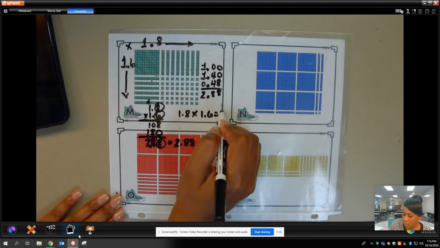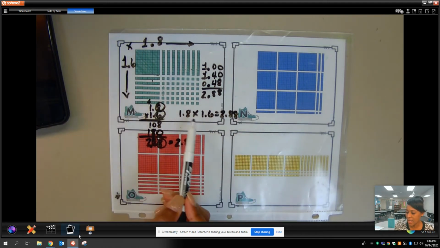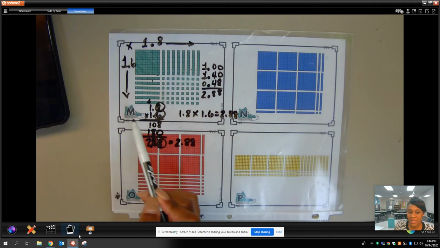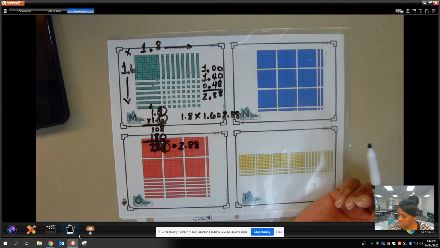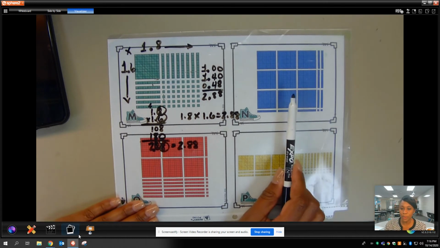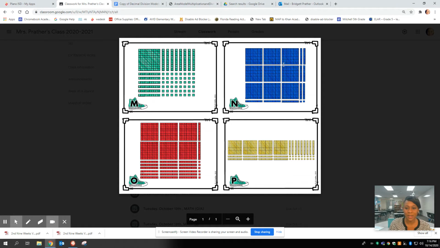The equation that represents this would be 1 and 8 tenths times 1 and 6 tenths equals 2 and 88 hundredths. Okay, so I want you to take a look at the blue box here, and you try.